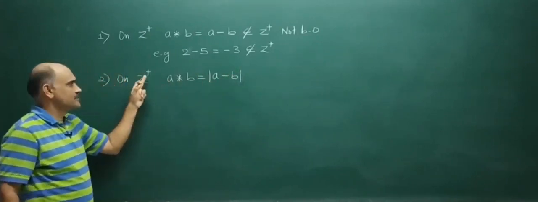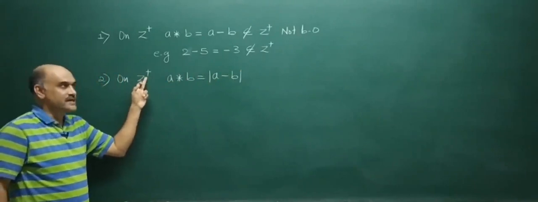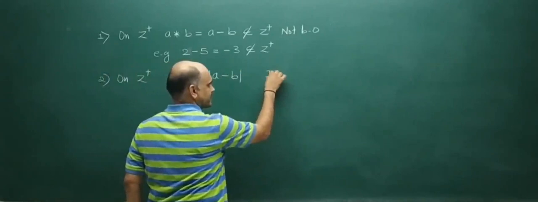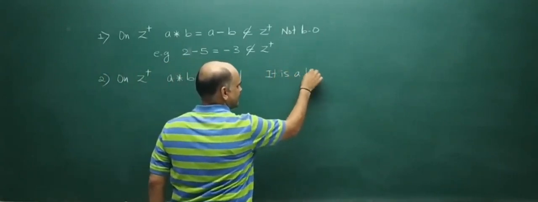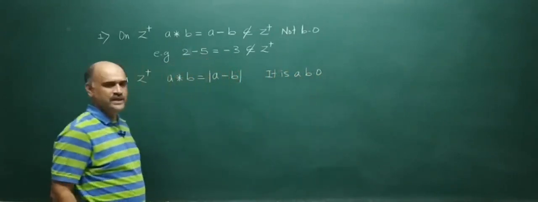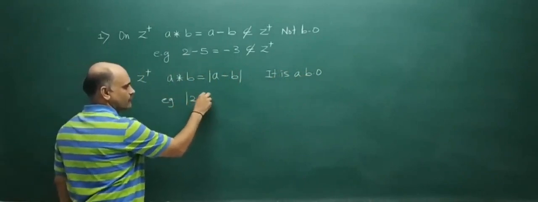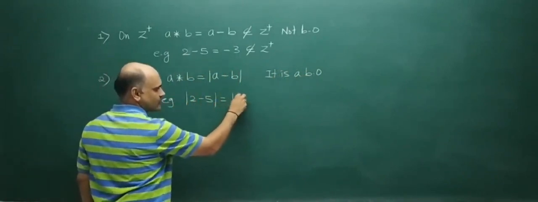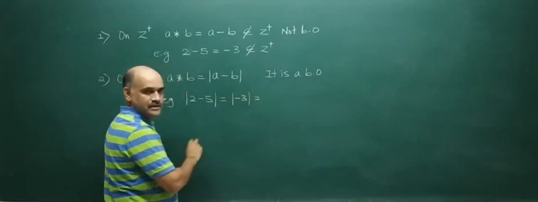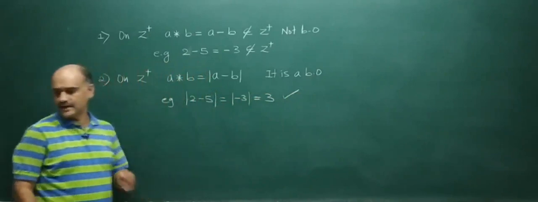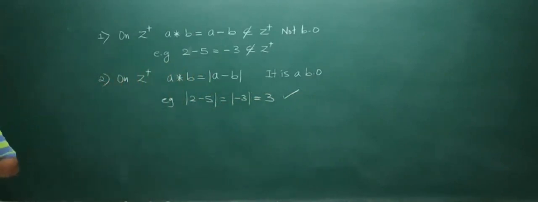If it is positive, it belongs to Z plus. So, it is a binary operation. Example, you can take the same: mod of 2 minus 5 is equal to mod of minus 3. Mod of minus 3 is plus 3. So, it is a binary operation.